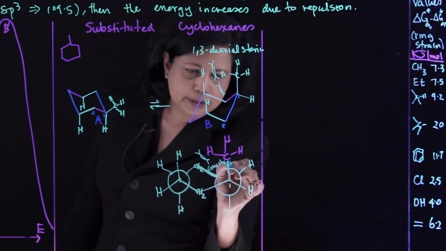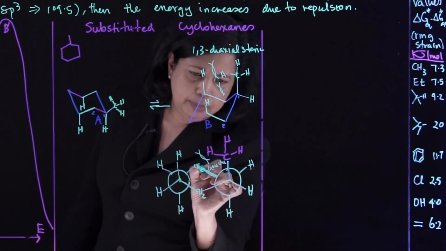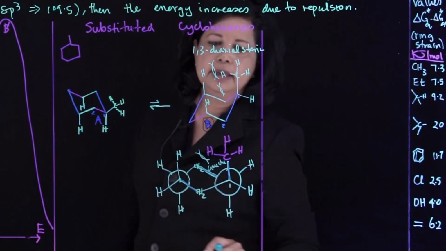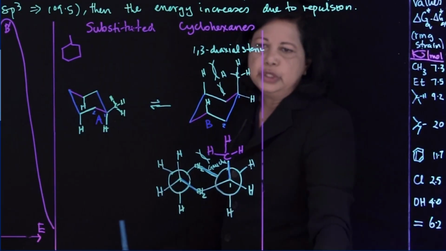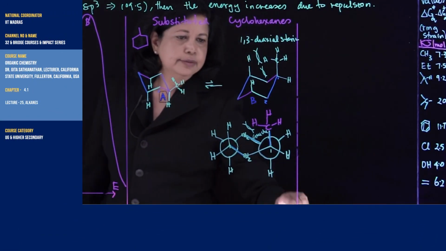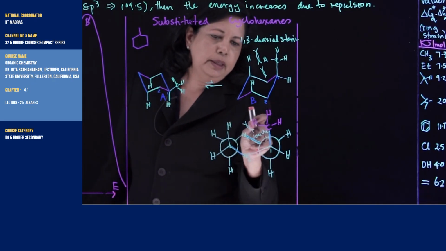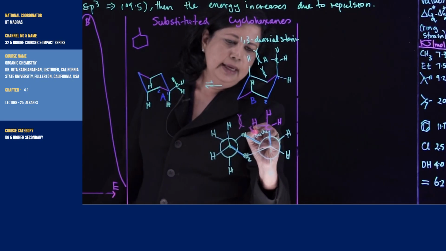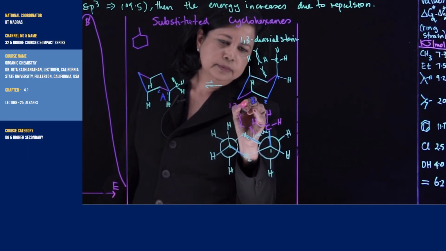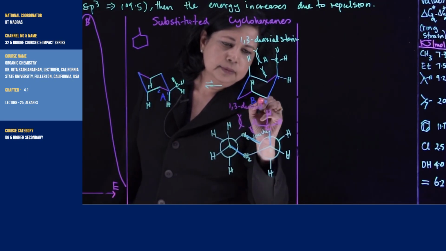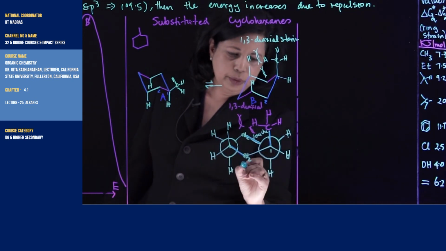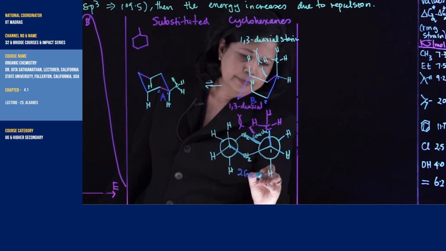So I'm going to indicate those in blue, and this would have another one here. So you have 2 butane gauche, and what else do you have? Well, these hydrogens are going to be bumping into each other as well. 1,3 diaxial and gauche. So here are 2 gauche interactions.